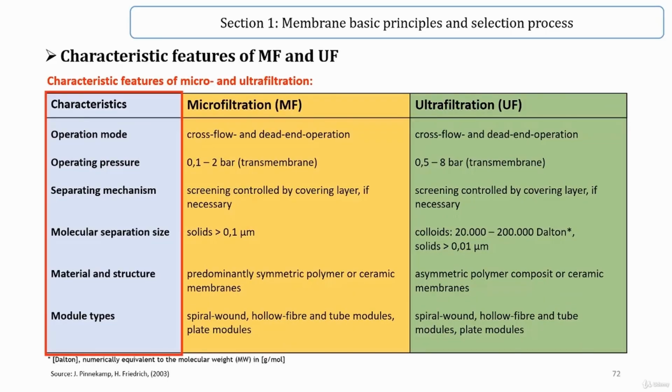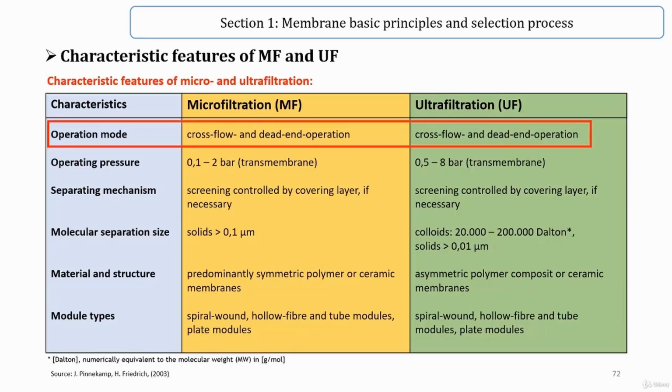As you can see in this table, there is a list of membrane characteristics that we have already discussed, such as operation mode, operating pressure, separating mechanism, which we will discuss in the next sections, molecular separation size, material and structure, and module types.